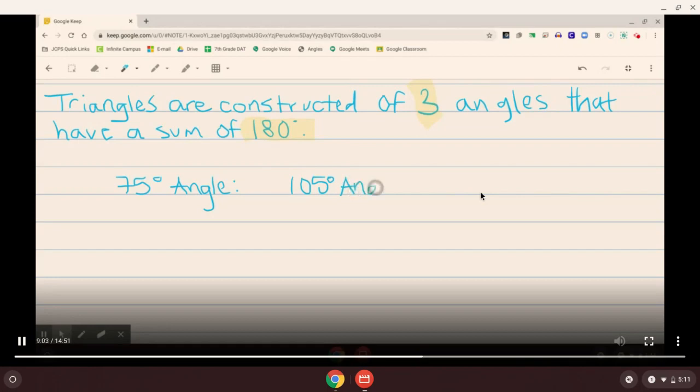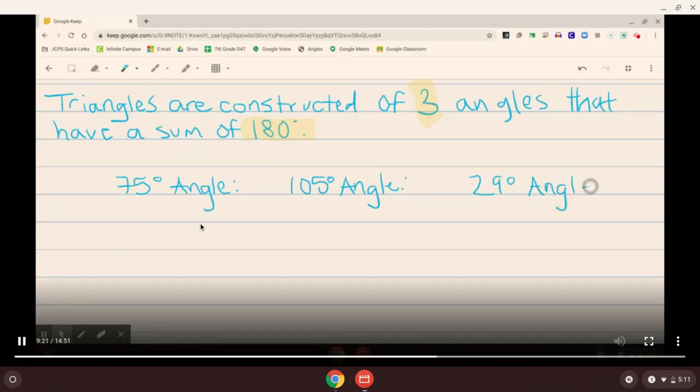And the last angle that I'm going to have you do by yourselves first before we go over it is a 29 degree angle. All of those angles we are going to go over today.